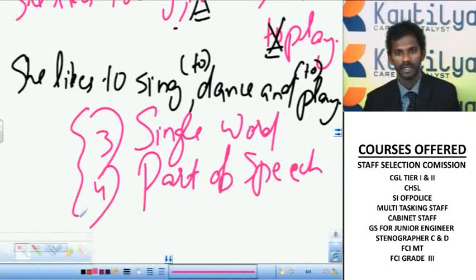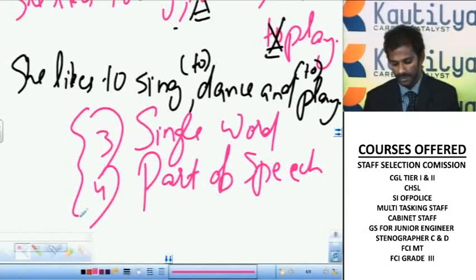And if the ideas are single words, then we have to look for their parts of speech. That means if one idea is a noun, all the other ideas must also be nouns. If one idea is a verb, all the others must also be verbs. If one idea is an adjective, same thing, all the others must also be adjectives.